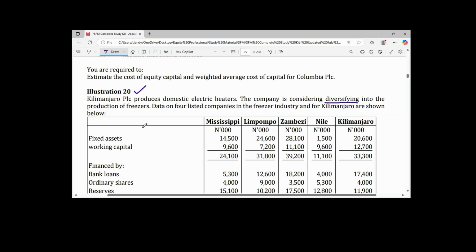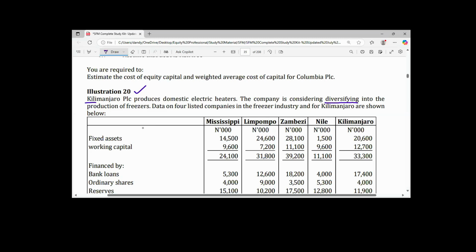Not only that, the main company in this question is Kilimanjaro. The examiner has given you four different proxy companies with different names. That's another indication: once you have different names of companies in a question and you have to calculate cost of capital, it points to project specific.